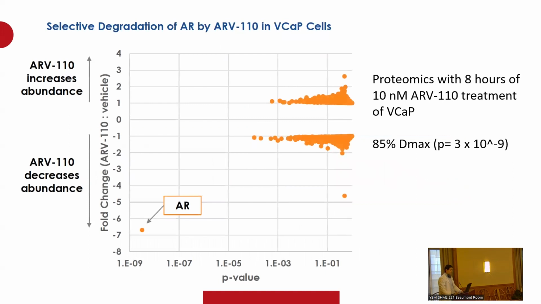In the preclinical phase, what they found with ARV-110 was that it was capable of degrading androgen receptor selectively in the VCaP cell line with incubation of 8 hours at 10 nanomolar. They were able to achieve 85% maximum degradation with this drug.